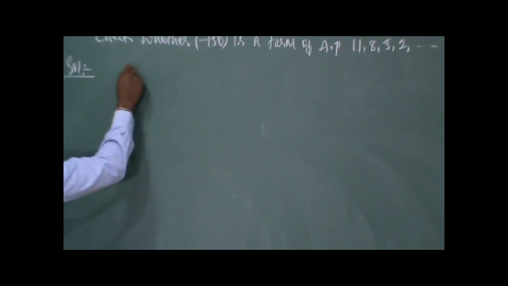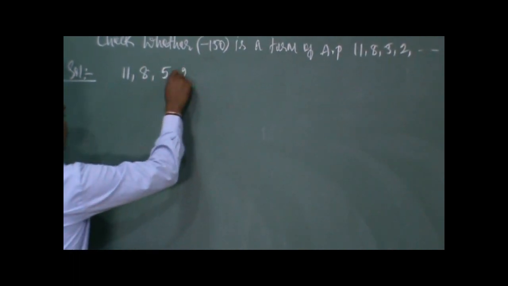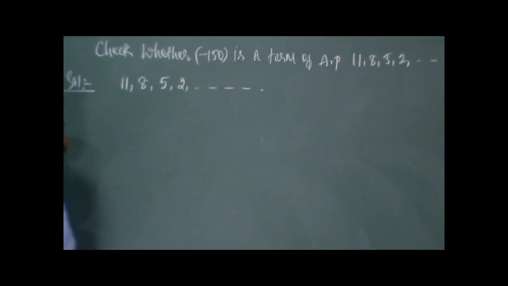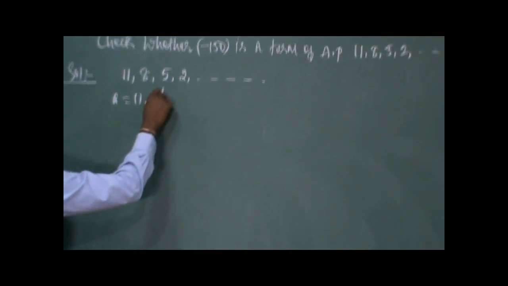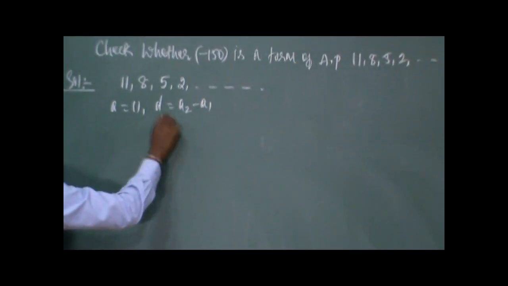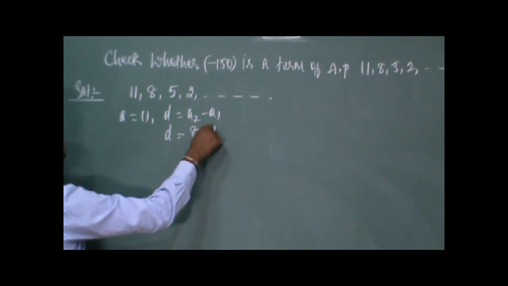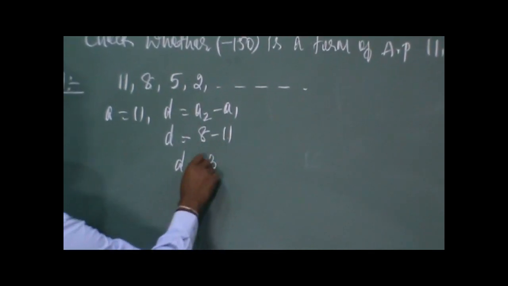Okay. Let us write the AP: 11, 8, 5, 2 is an AP here. Let us write down the data. a is equal to 11, d is equal to a2 minus a1, d is equal to 8 minus 11, so d is equal to minus 3.